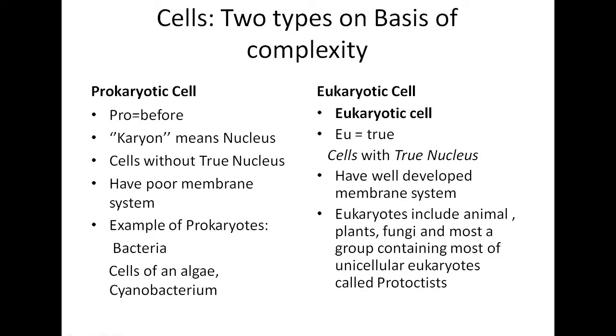Examples of prokaryotic cells include bacteria, the structure of which you have already gone through in your O levels. Next are the cells of algae, cyanobacteria. Examples of eukaryotic cells are animal, plant and fungus, and there are some other members of a group called protoctists. Some of the members of this group are also eukaryotic cells.